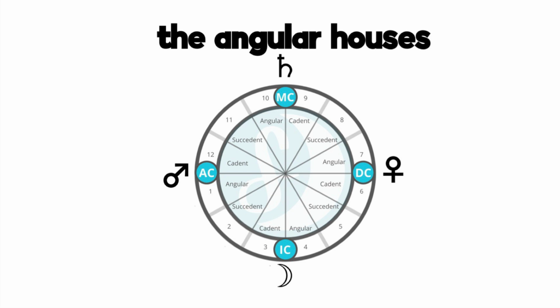So we are looking at something that is beneficial to us. Grand trines show a mastery. But it's sometimes this natural gift that you're born with, like a talent or a capability that you have, that comes so easy and naturally to you that a lot of people sleep on it.